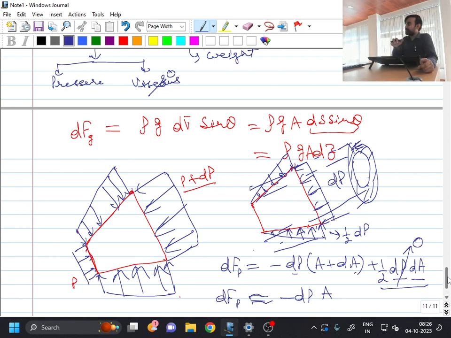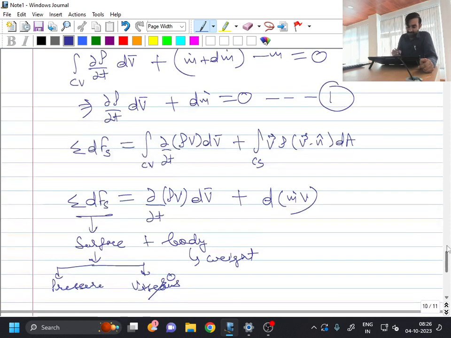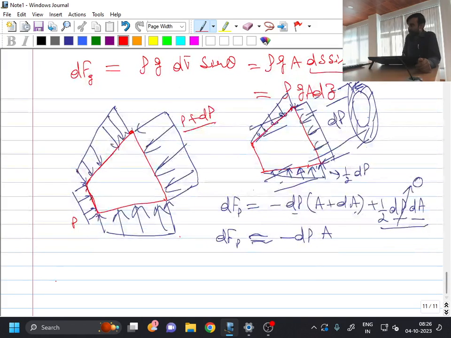Now let me substitute these into the main equation. What will be the sum of all the forces? One is the pressure force, which is minus dP times A, or minus A into dP, and the other is the force because of gravity, which is also acting in the opposite direction to the streamline, so that is minus rho g A into dz.